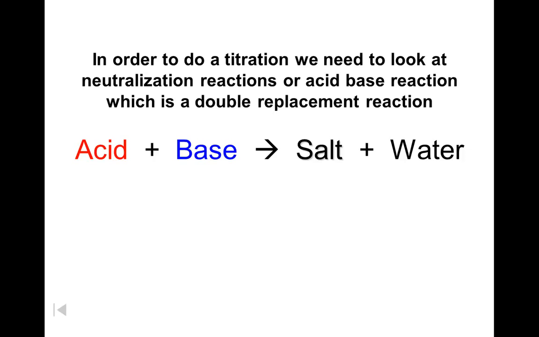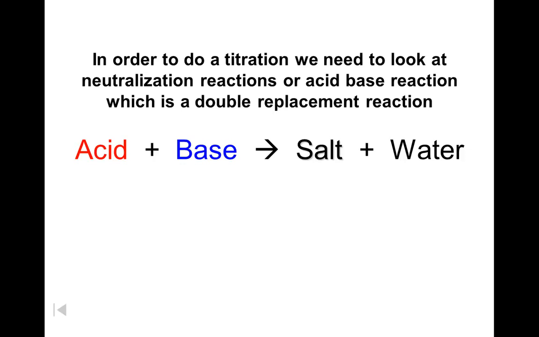So the idea of acids and bases neutralizing each other, we use that idea in our titrations. You may recall that when you mix an acid with a base, it's a neutralization reaction, a double replacement reaction, where the products are a salt and water. Now when I say salt, I don't mean sodium chloride in all cases. A salt is an ionic compound that doesn't have hydrogen as the cation or hydroxide as the anion.